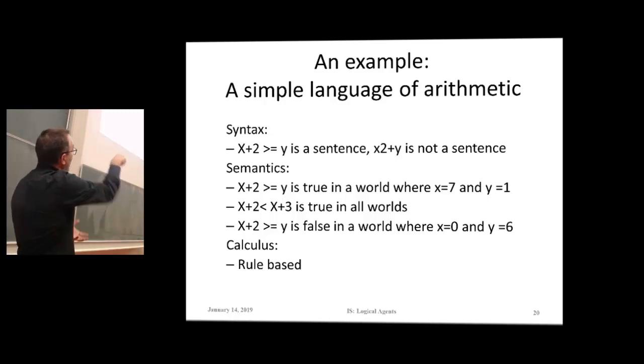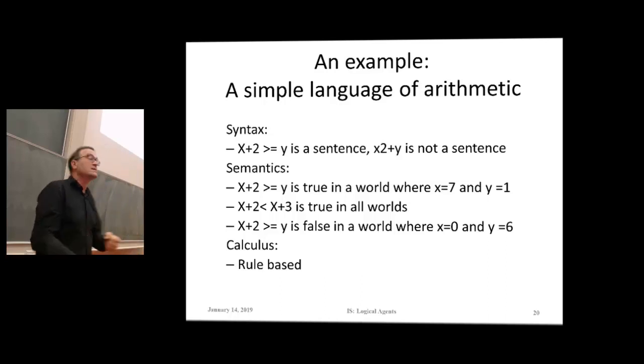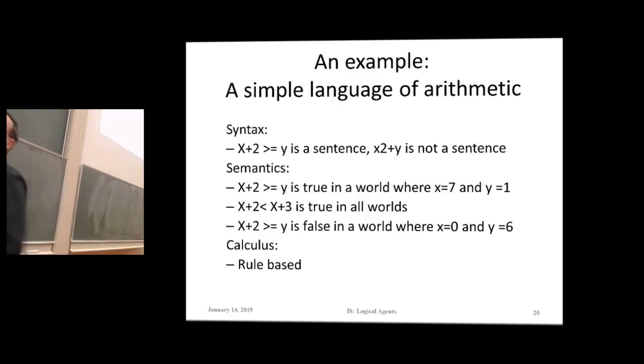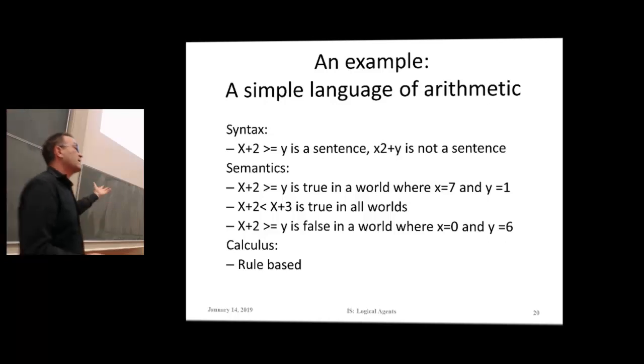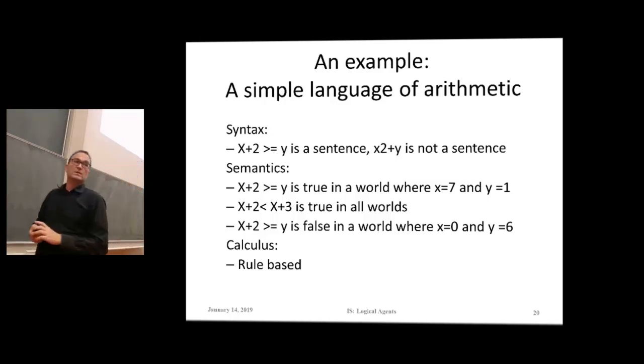Other sentences are always false, or other sentences in this language are true with respect to some interpretations of the values and false with respect to others, like the last one here. Then we can assign values true and false to those statements in our language according to the simple rules of arithmetic that we all know, the algebra that you would apply in calculating whether this is true or false.